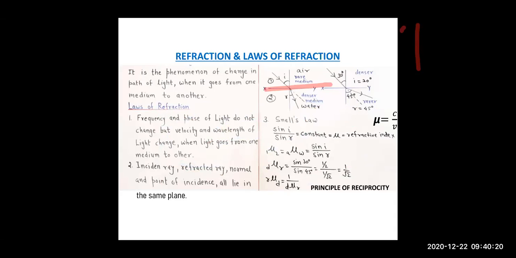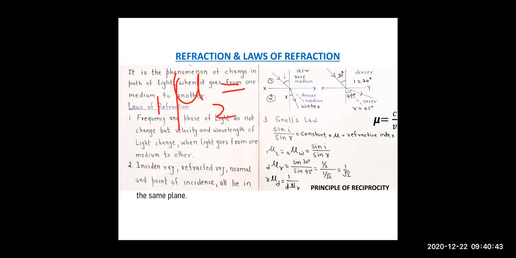The refractive index, right children? So we can write refractive index, the symbol is mu. Suppose here this is medium 1 and this is medium 2. If you want to write the refractive index of medium 2 with respect to 1, it will be written like this, refractive index of medium 2 with respect to 1.